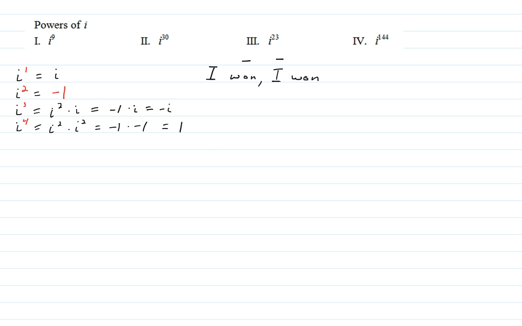I don't know, maybe that'll help. All right, so i to the 9th, I'm going to actually just break it down to i to the 4th times i to the 4th times i to the 1st, because i to the 4th is just 1.